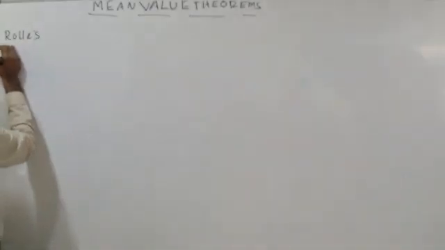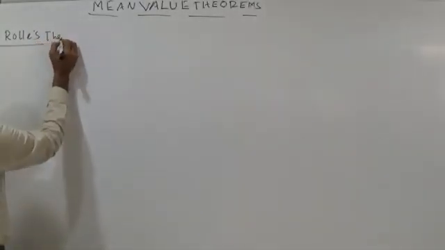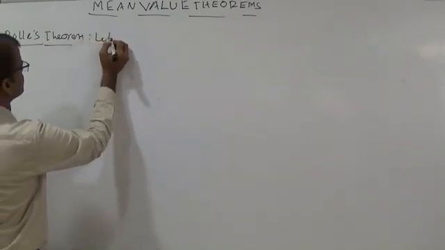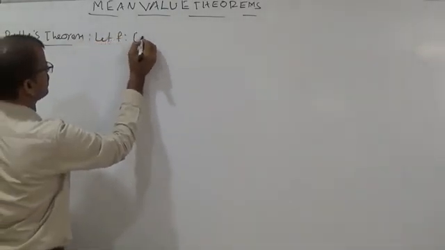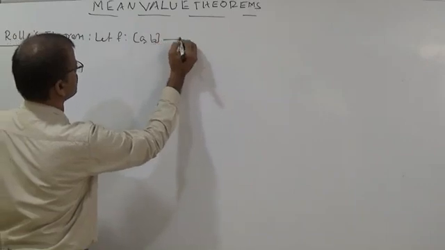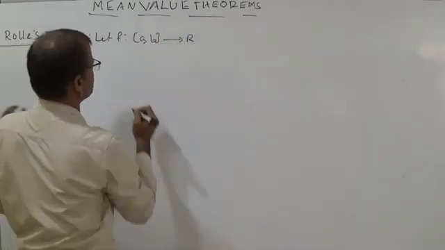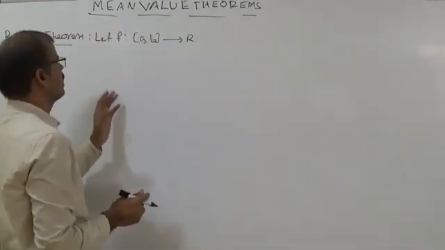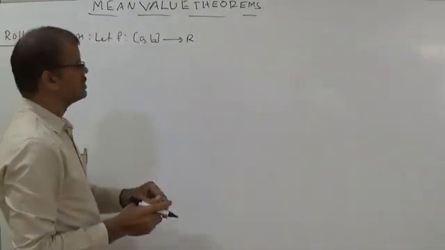It is the mathematician's name. Rolle's theorem. Let me discuss the definition. Let f map the closed interval a comma b to R. f means here a function. Let f be a function defined as: this is the domain and this is the range.